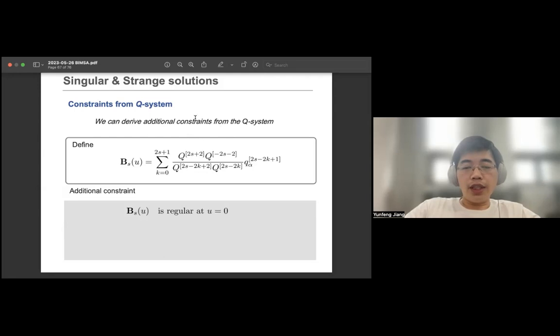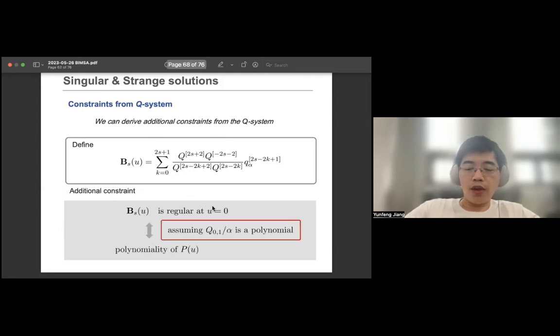This is a little bit complicated to see. It turns out that we can define this quantity, which we call BS, made of these Q functions and this Q alpha, which we defined. And the additional constraint comes from the requirement that BS, U is regular at U equals 0.